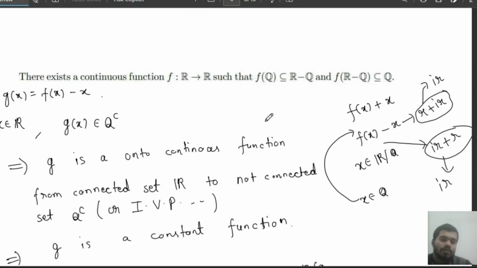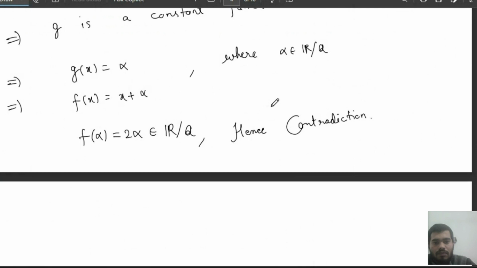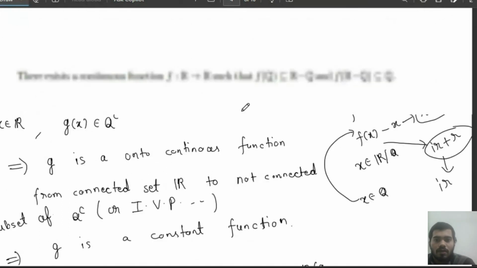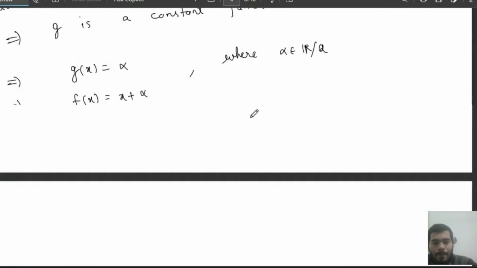This is the reason. Let me write then: not connected subset of Q complement. It may not be whole Q complement, but it will be connected. Maybe some subset of this. All right.